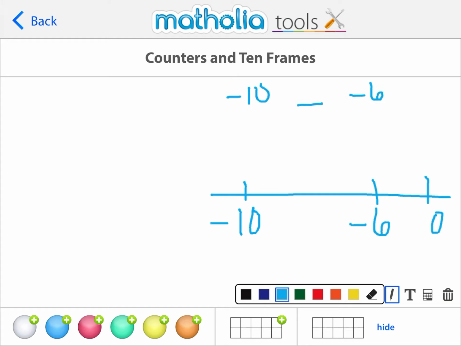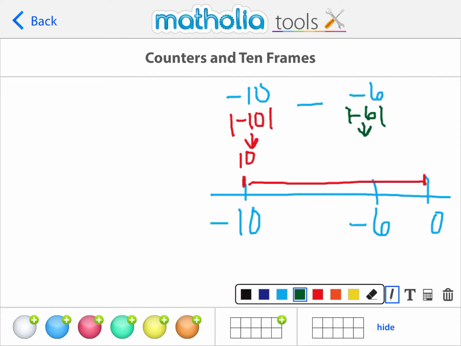Now, mind you, we are comparing the actual negative integers here, but in order to help us, we are going to look for the absolute value. So the absolute value of -10 is 10. We know that from here to 0 is 10 spaces. Let's look at -6. The absolute value of -6 is 6, meaning from here to here is 6 spaces.